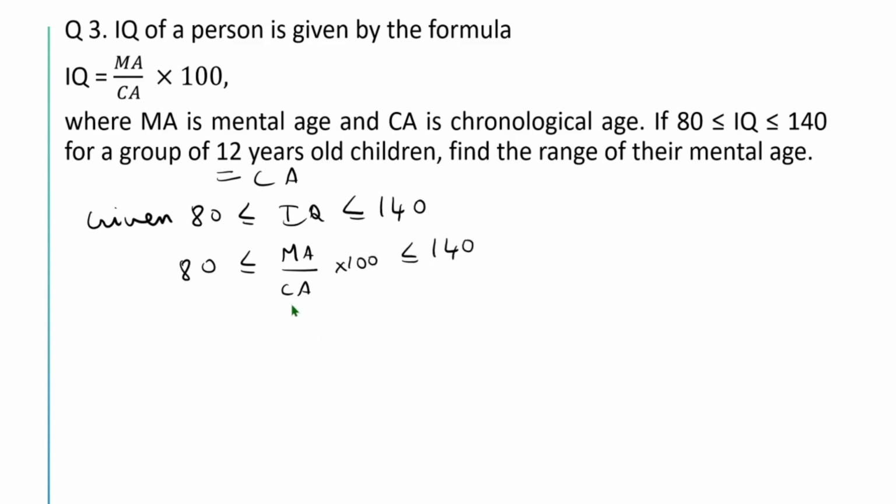So we have to find the range of the mental age for a group of 12 years old children. That is, their chronological age is 12 years. So let us substitute 12 here. 80 less than or equal to mental age divided by 12 into 100 less than or equal to 140.